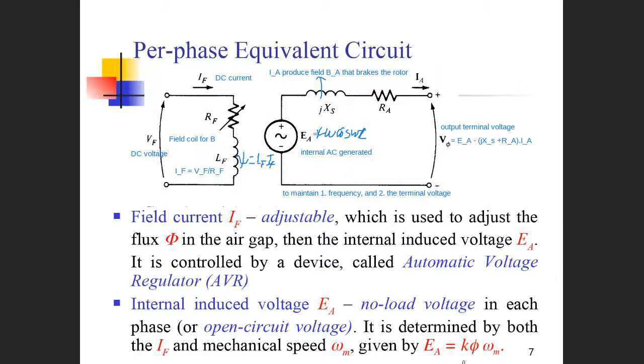In a simple formula, the internal generated voltage EA depends on the flux density, the rotation speed, and the inductance. So K here is a coefficient related to permeability, related to inductance.